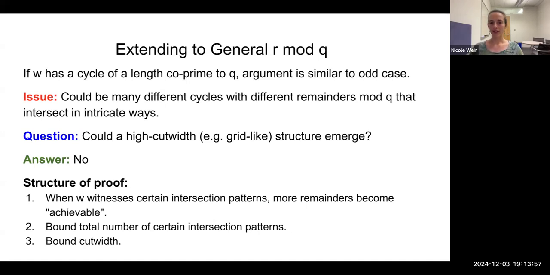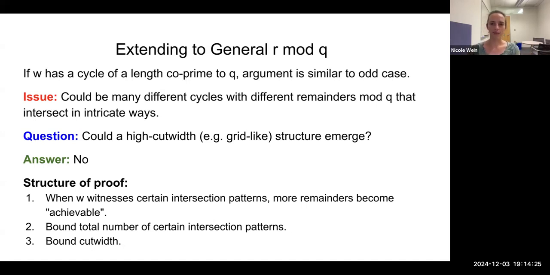It helps to be able to bound the number of certain intersection patterns in order to bound the cut width. And one more thing is that in contrast to the odd case, where it was visually clear what the cut width ordering should be, one of the issues with this general case is that you actually have to define what the cut width ordering is going to be to witness a small cut width.